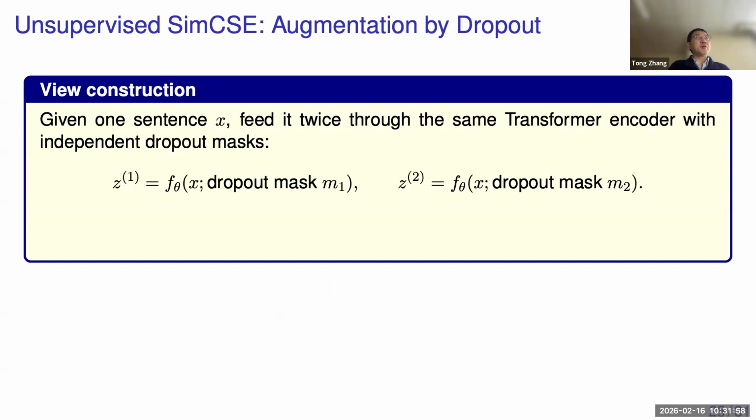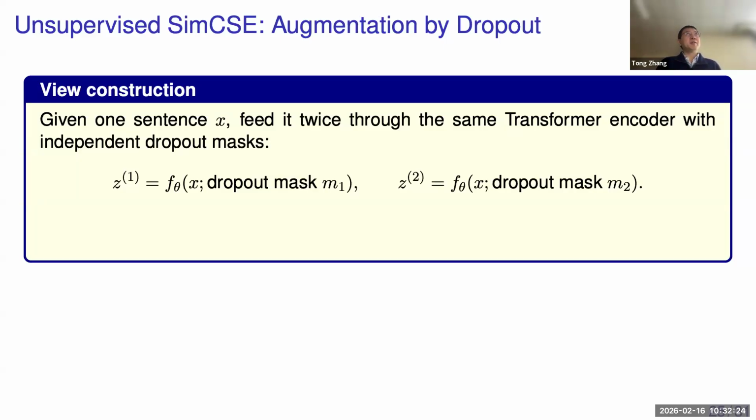Unsupervised augmentation by dropout. This is the key idea, without modifying the original data. Given one sentence, feed it twice to the same transformer encoder with independent dropout masks. You generate two dropout masks, feed them to the same encoder, and then you have two representations.